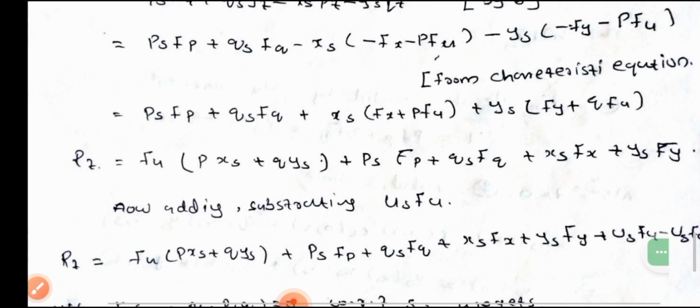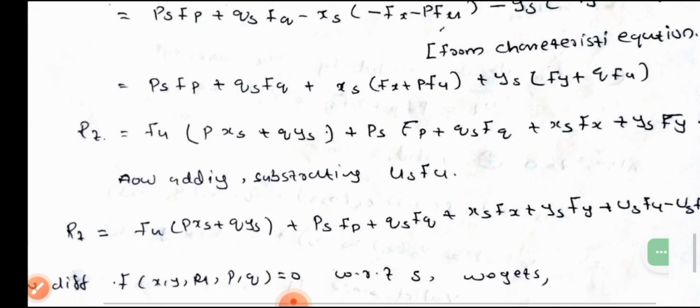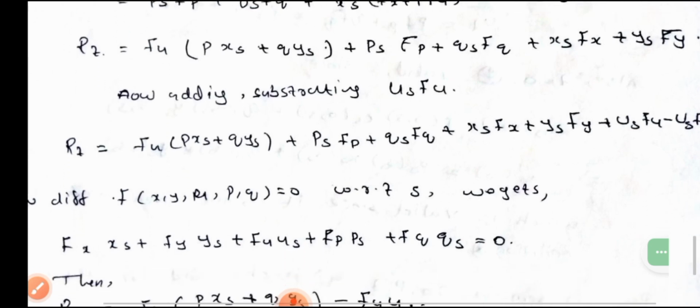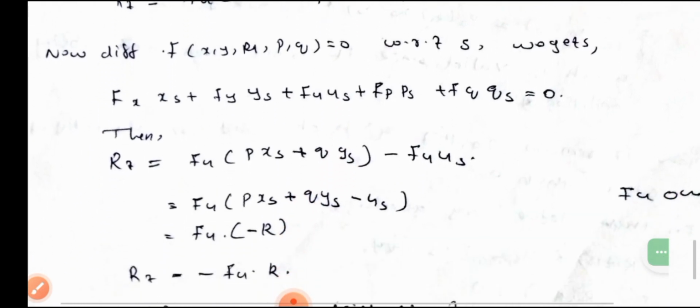Now adding and subtracting u_s f_u in these terms, our r_t becomes f_u (p x_s plus q y_s) plus p_s f_p plus q_s f_q plus x_s f_x plus y_s f_y plus u_s f_u minus u_s f_u. Now differentiate f equal to 0 with respect to s. We get f_x x_s plus f_y y_s plus f_u u_s plus f_p p_s plus f_q q_s is equal to 0.